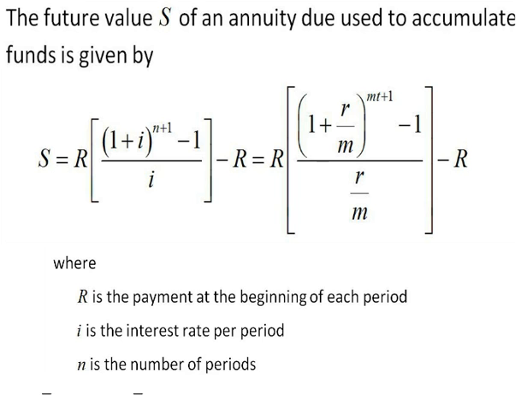Here n is the total number of periods, and another way to figure out n is to multiply m times t, the number of times compounded in 1 year times the number of years. Then subtract 1, divide by i, and then minus R, where again R is the payment at the beginning of each period.